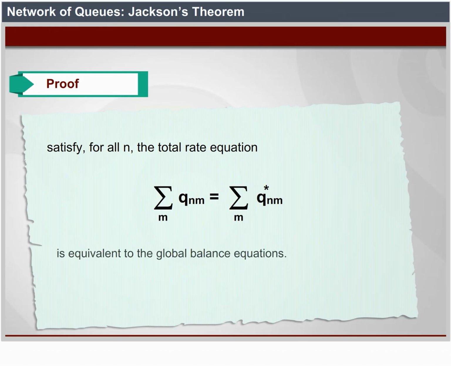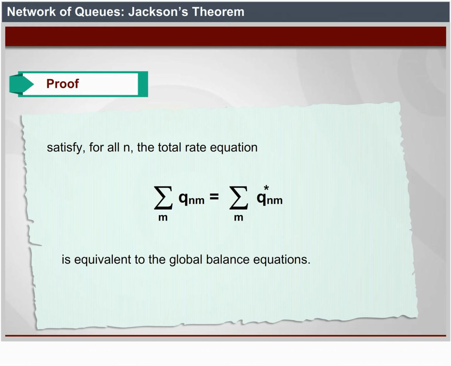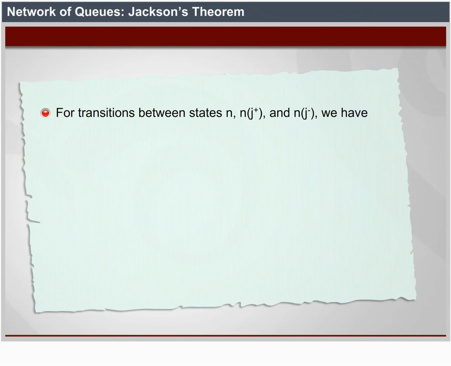For transitions between states n, nj plus and nj minus, we have q nnj plus is equal to rj, and q nnj minus is equal to mu j into 1 minus sigma i pji.